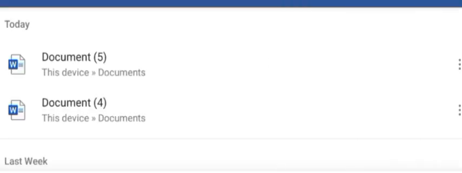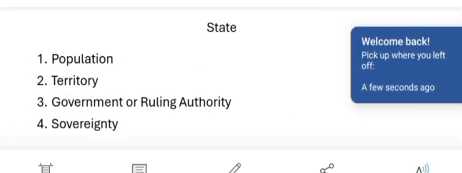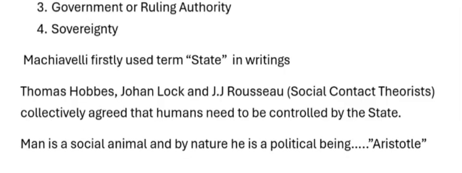They were agreed and convinced that there must be an authority to rule a state. Collectively, these three philosophers agreed that humans need to be controlled by the state, the ruling authority, and the people who are living there.